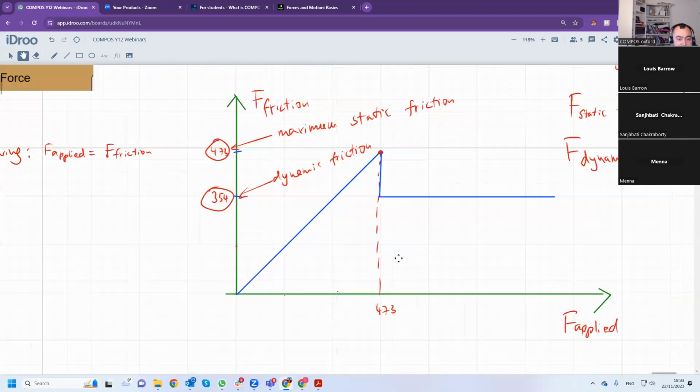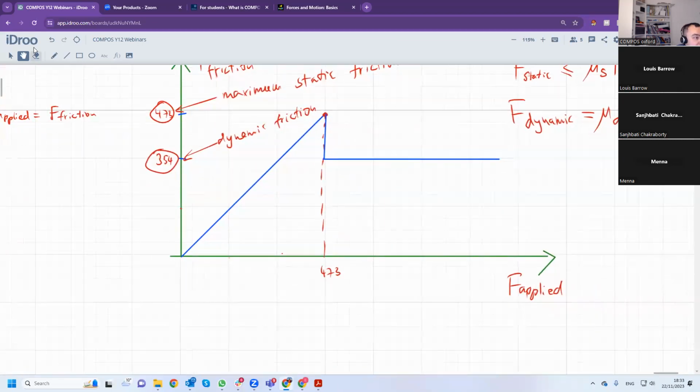Here I just wanted to mention, this value is mu_s n, the coefficient of static friction times the normal reaction force. This force is mu_s n as well, and this force is mu_d n. And as you can see, it stays the same.